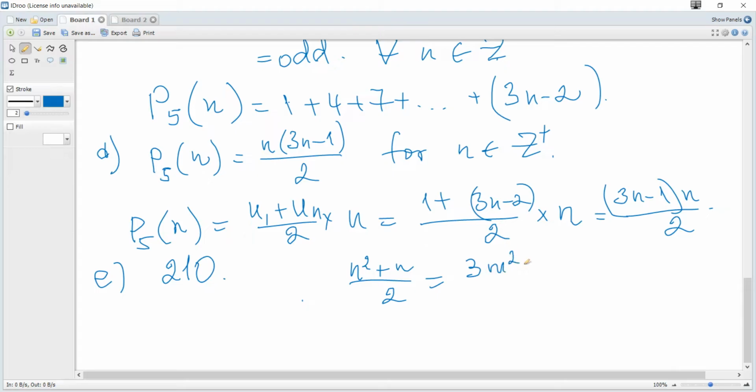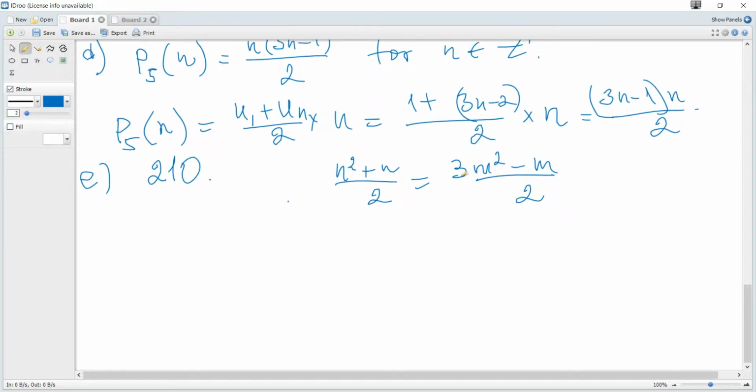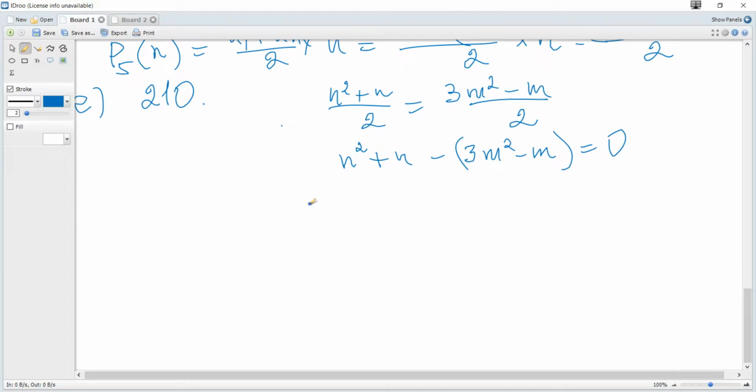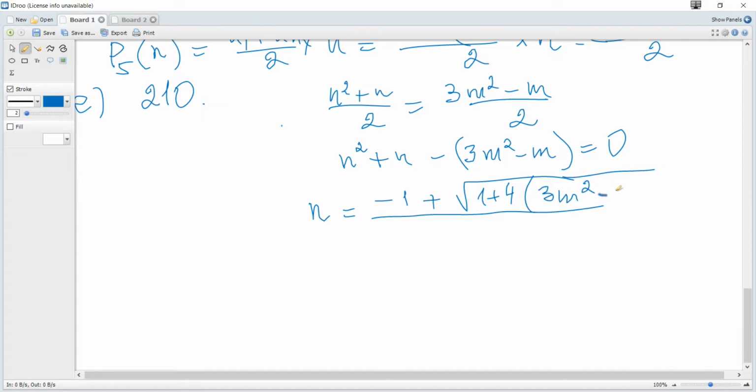So it becomes 3m squared minus m over 2, and we get a quadratic equation with respect to n, and using the discriminant we can write the roots as n is minus 1, in general plus or minus, but here it's definitely plus, square root of 1 plus 4 times 3m squared minus m over 2, all over 2.